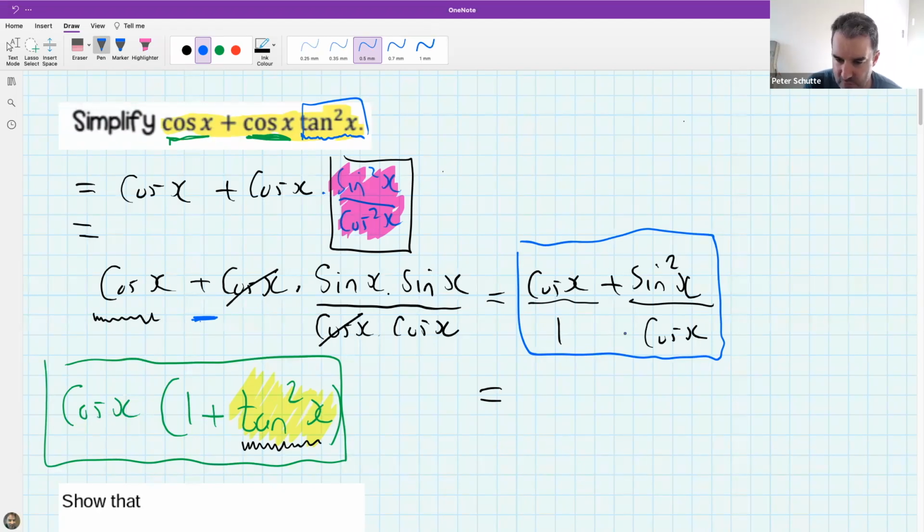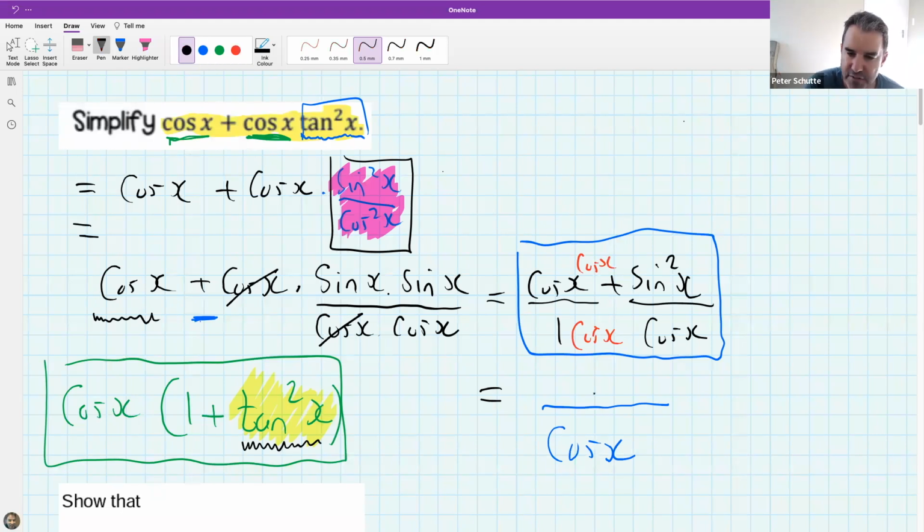Okay, but we try and stick these together. Now, what I was going to say, everyone, is normally when we add fractions, we have to have a common denominator. So would you agree with me that this common denominator should be cos x? Because I got 1 in cos x, and to get that, I need to multiply this by cos x, and I need to multiply this by cos x. So I've multiplied the top and bottom by the same thing.